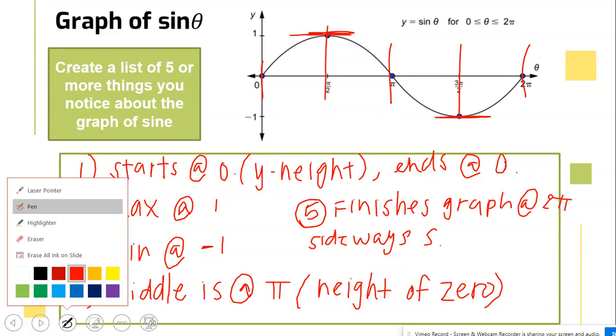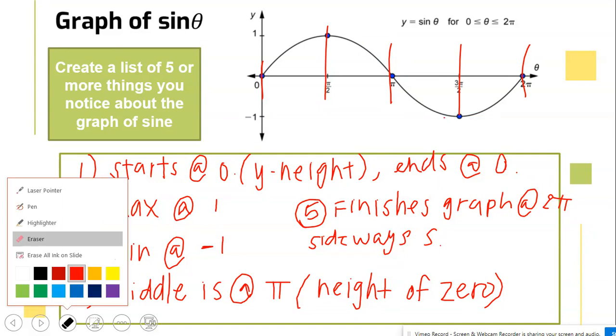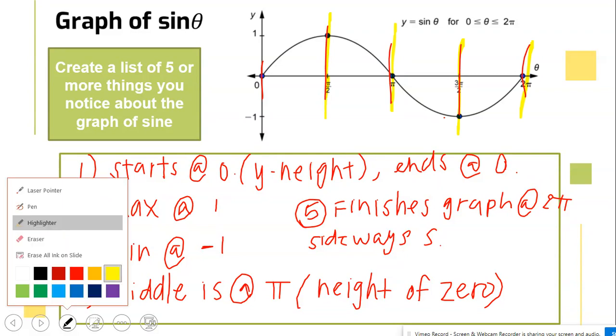And usually when we're looking at those 4 equal parts, a lot of times students notice that this is pi over 2, pi, 3 pi over 2, and 2 pi. And on the unit circle, those were all of the points.